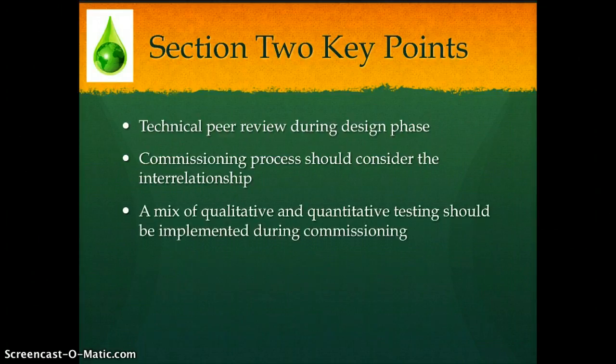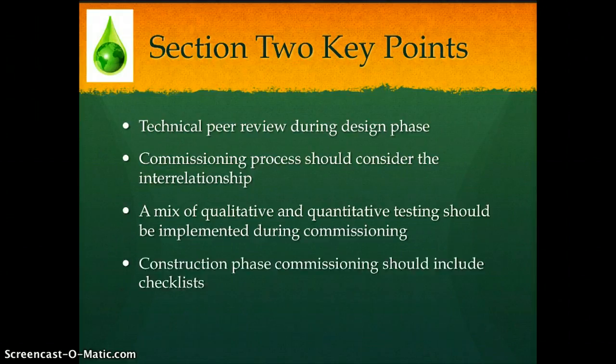A mix of qualitative and quantitative testing should be implemented during commissioning to avoid potential rainwater leaks, excessive air leakage, and condensation problems. Construction phase commissioning should include checklists that allow for certification of envelope components that were modified due to test results. This ends the Section 2 learning content material.